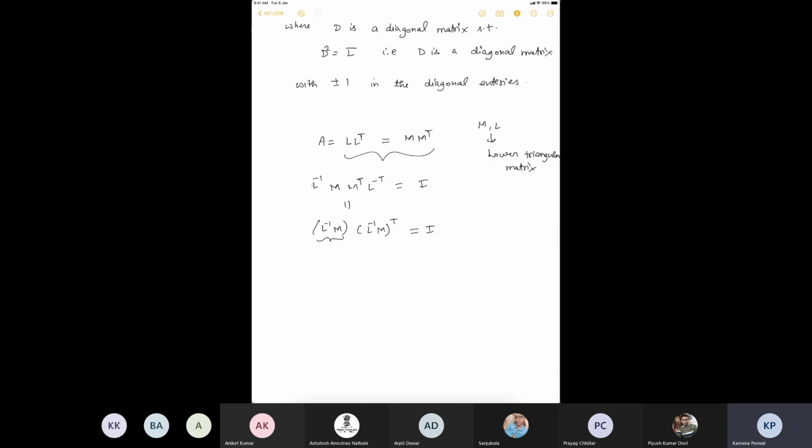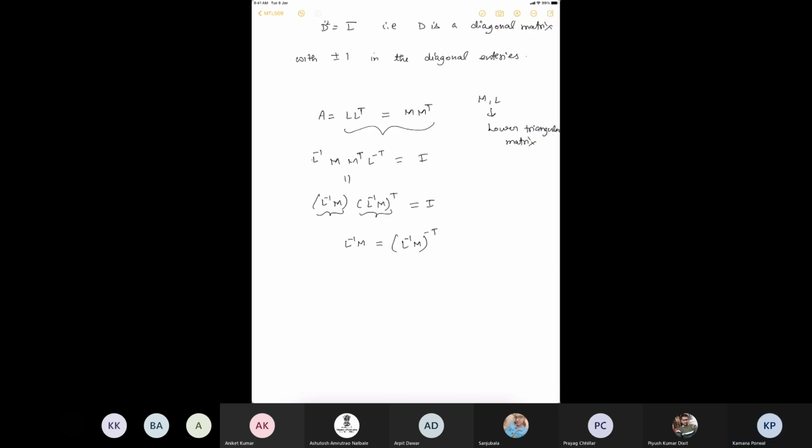So this is some matrix, right? And this is a transpose of that matrix. So we are getting that this is equal to identity. This means that L inverse M is nothing but the inverse of this transpose, right?